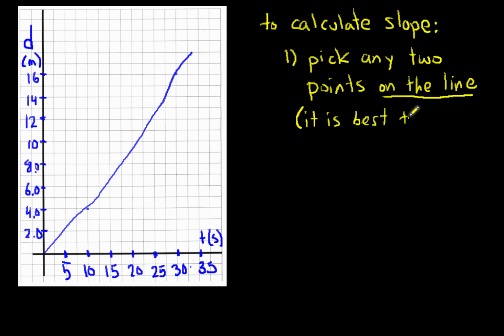It is best to pick 2 points that are on crosshairs or places where the grid lines cross. You don't actually have to pick points that you've plotted yourself, just pick 2 easy to find points actually on the graph.